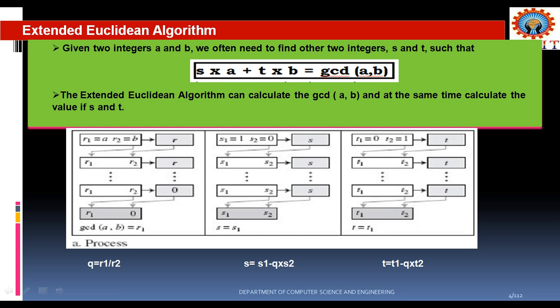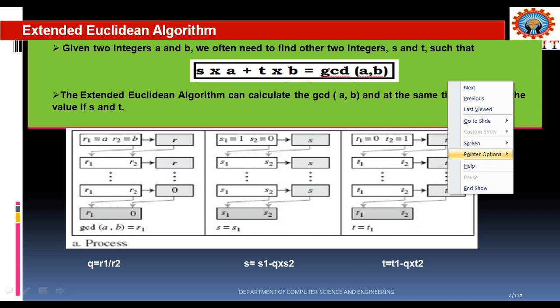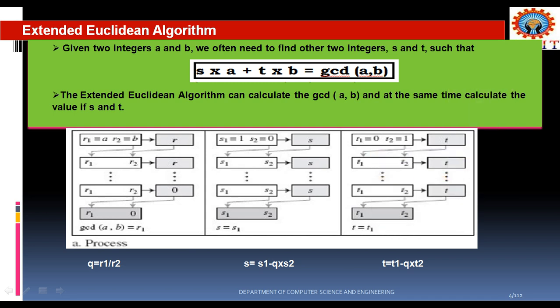For that purpose, this is the process. The first part is similar to the Euclidean algorithm. The second part is used to find the s value. This part is used to find the t value.